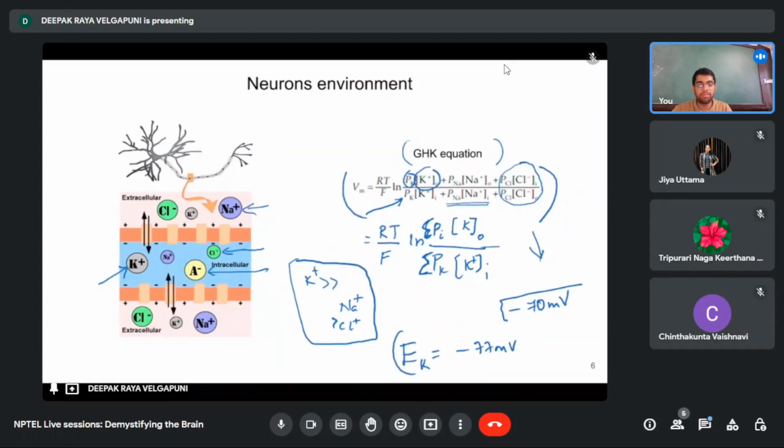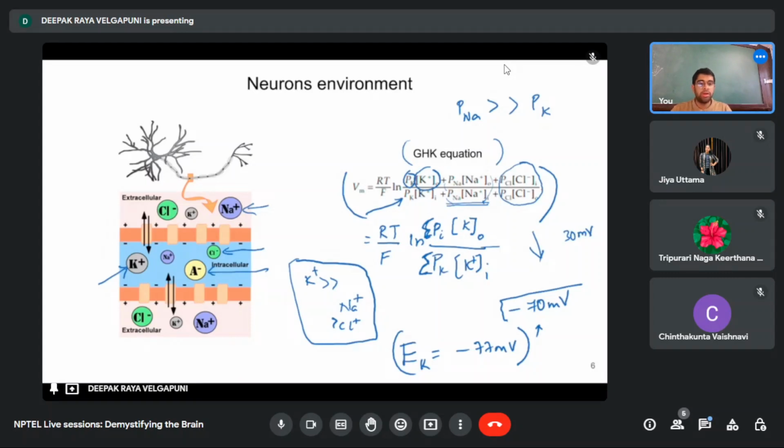This comes from the Nernst equation, and since there is an extra redundant term here, which we thought negligible, it just tends a little closer to EK. Whereas if Na plus is active, in the active state of a neuron, PNa is higher compared to PK, and then it will be closer to the sodium ion equilibrium potential.